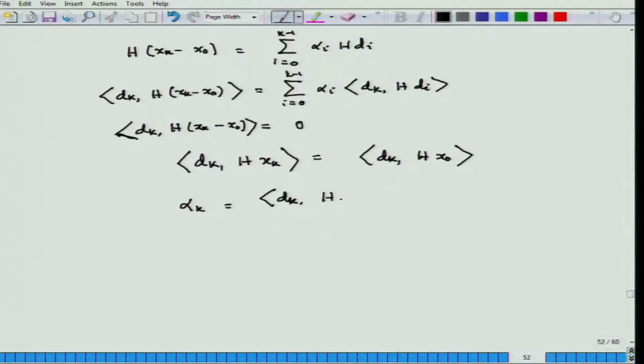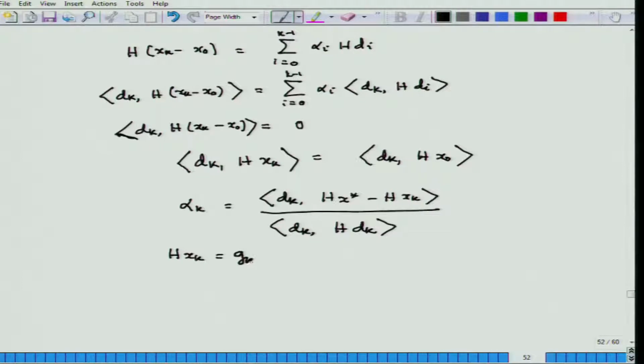So, it can be written as d k h (x star minus x k) divided by d k h d k. Now, we already know that h x k is nothing but g k minus b, where g k is the gradient of f at x k.